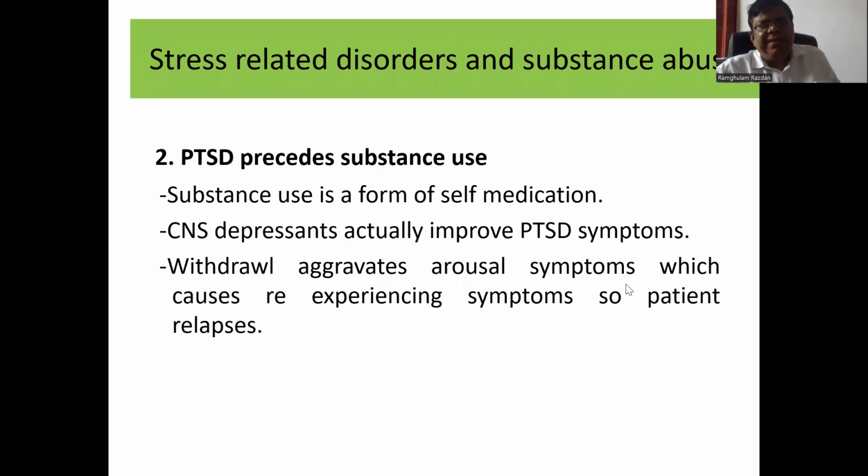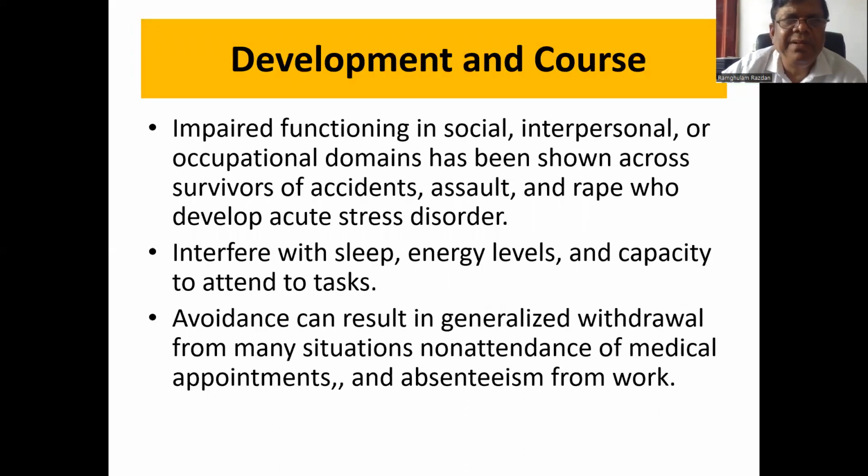Or PTSD stress precedes substance use. Substance use is a form of self-medication. CNS depression actually improves PTSD symptoms without aggressive symptoms, while with re-experiencing symptoms the patient will respond.